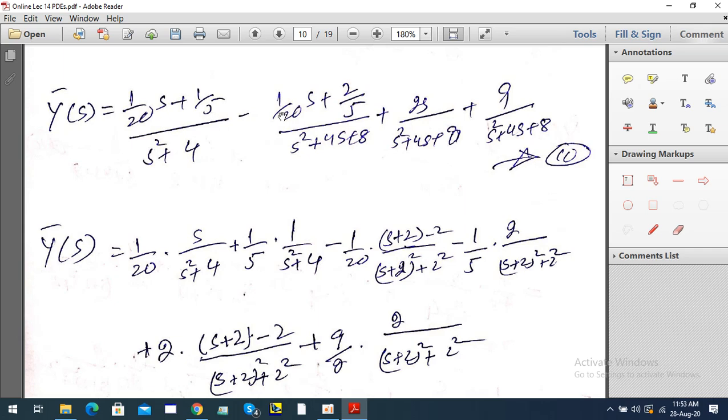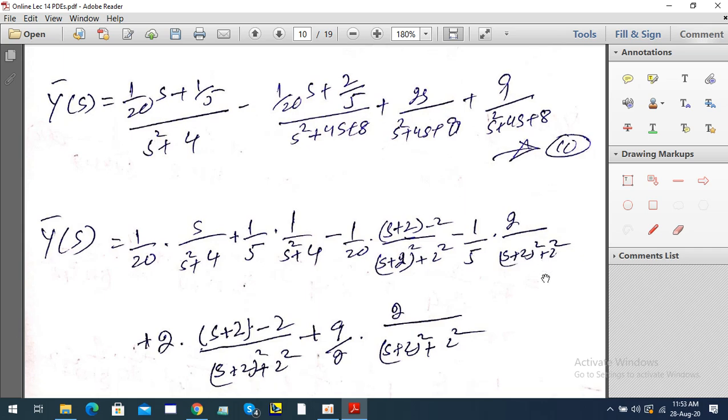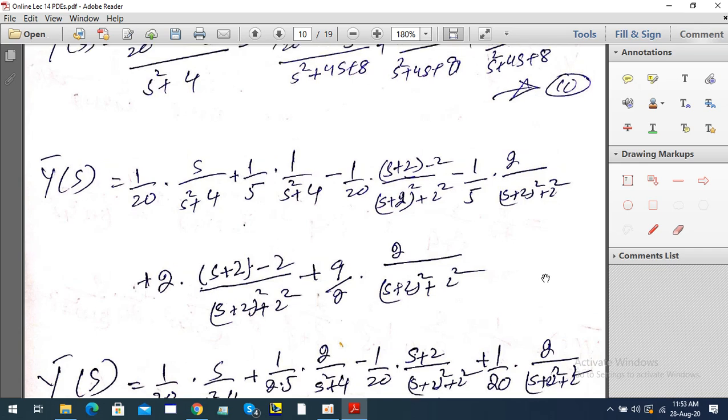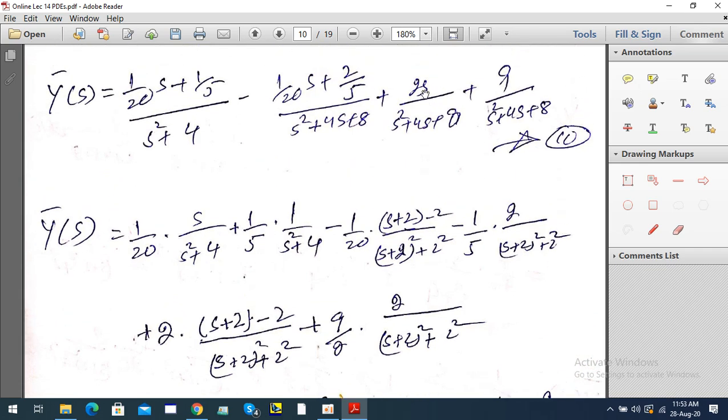So minus 1 by 20 is s plus 2 minus 2 divided by this thing, and I have just written minus 2 by 5 as minus 1 by 5 into 2 over the square. I have used a few techniques to simplify this. Similarly, the denominator is the same, so it can also be written in this form.